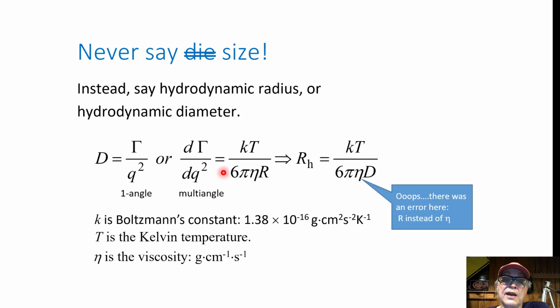All right, I have a problem with people who say the size of an object comes from light scattering if they're not careful to identify whether they're talking about radius or diameter. Oh my God, it gets so confusing. So I say never say size, say radius or say diameter.